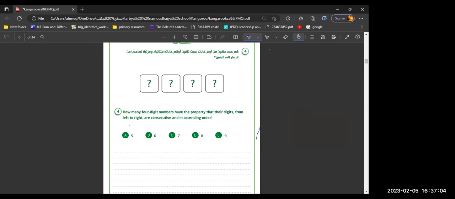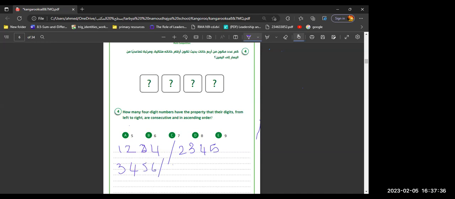Who's talking first? Sulaiman. So guys, basically it's going to be this way. Look, the numbers are going to be like this. For example, this is the first combination: 1, 2, 3, 4. Then the next one is going to be 2, 3, 4, 5. Then 3, 4, 5, 6.